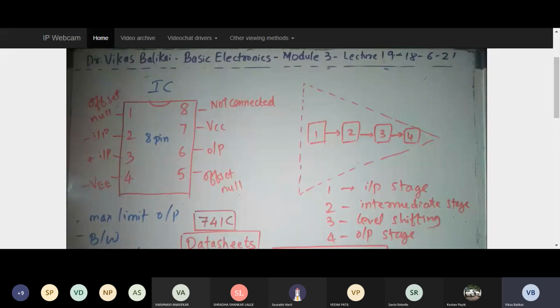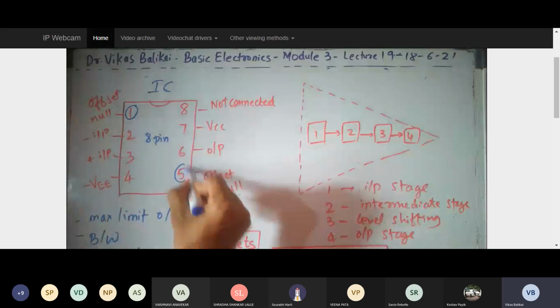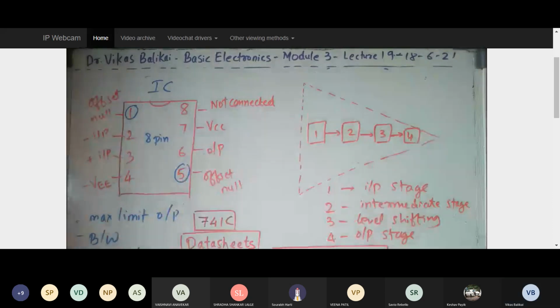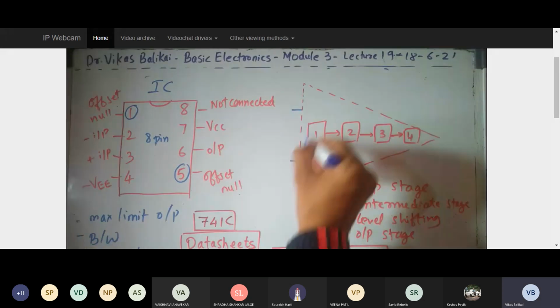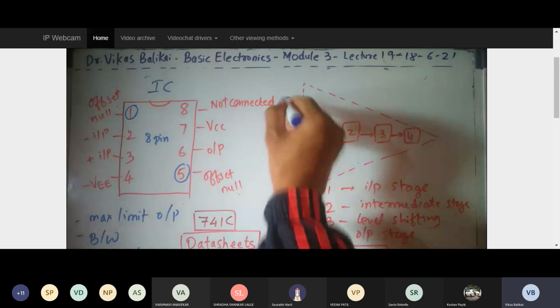Pin number 1 and 5 are kept for offset null. I'll discuss what exactly we mean by offset sometime later. Pin number 2 and 3 are your inputs, minus and plus, which we call the inverting input and non-inverting input.